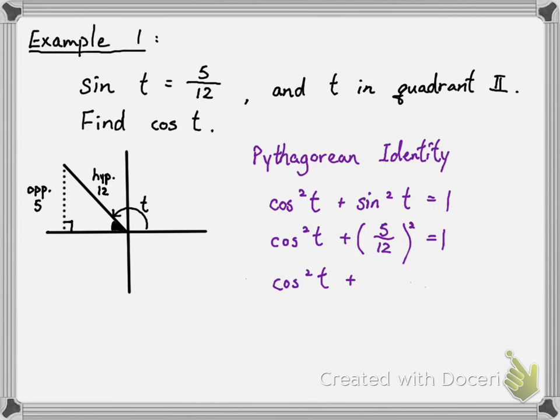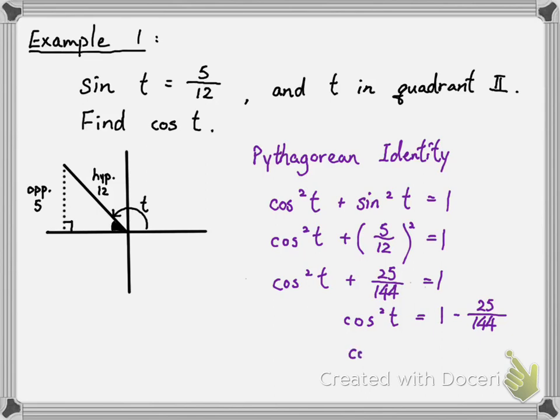We have 5/12 squared, which is 25/144, plus cosine squared t equals 1. We then will subtract 25/144 on both sides. Make sure you have the same denominator in order to perform subtraction.